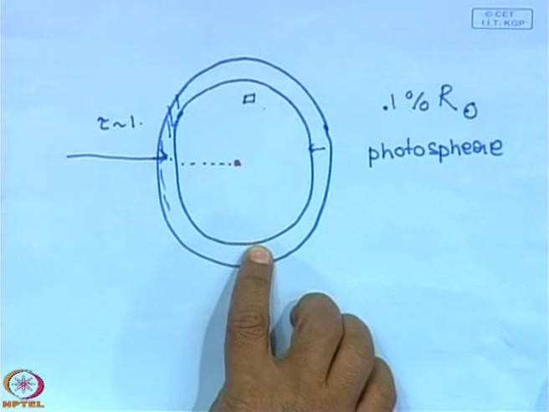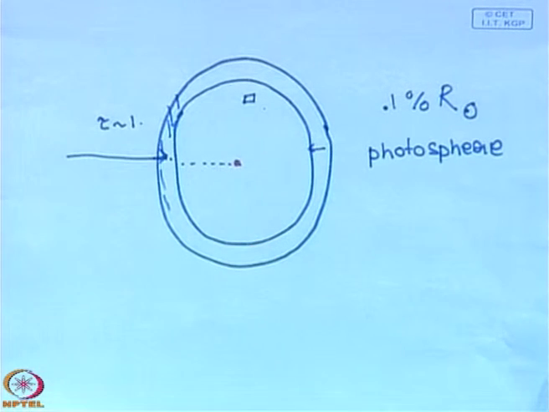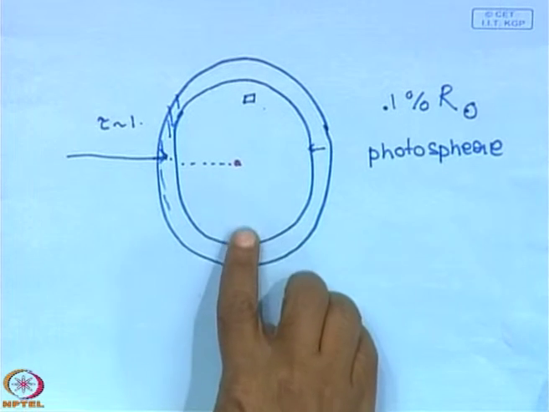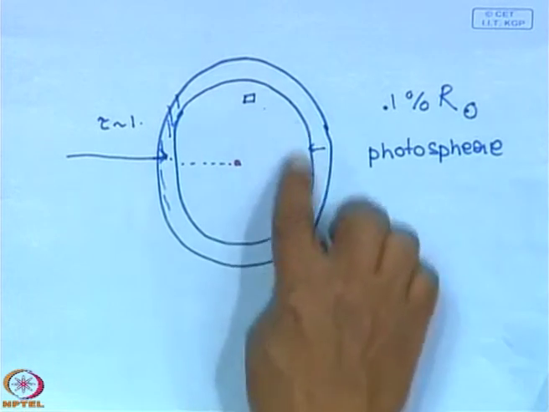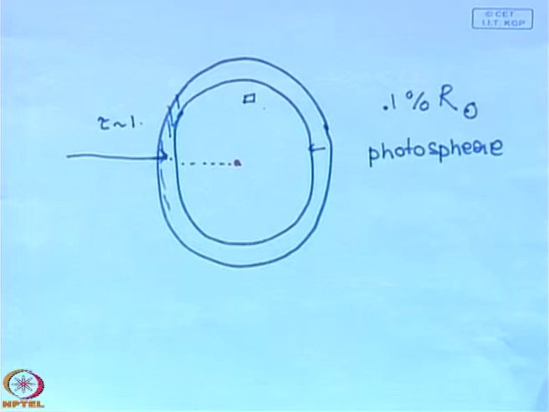Okay. So, at the center you have predominantly X-ray, and then this light propagates outwards, and by the time you are at the photosphere, you have lowered the temperature of the material and the radiation, and you have a temperature of around 5800 Kelvin. Okay. So, now we have also studied radiative transfer.